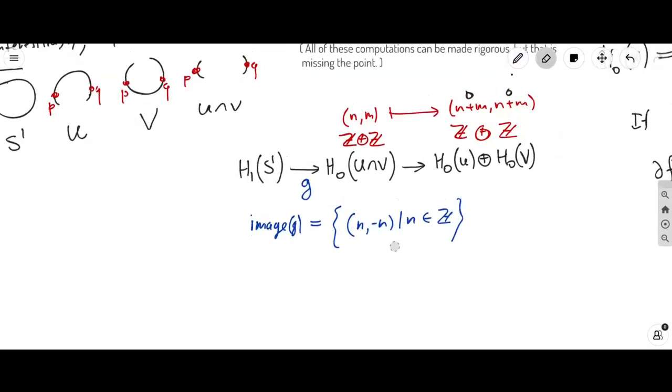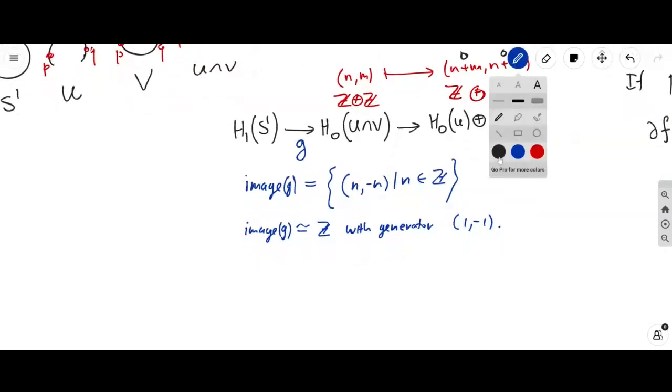Now what's the generator for this group? The image of G is isomorphic, of course, to Z with generator 1 comma negative 1.